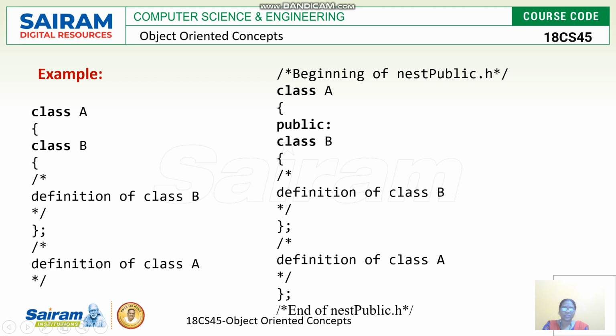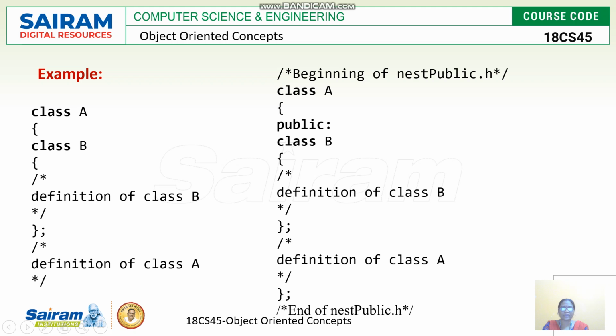On the left side, one class A is written, so that class is called the enclosing class. Immediately the class B definition is started. Here the class B is defined as private by default. If we do not mention any access identifier for the declaration, the default private case will be taken in the C++ language.